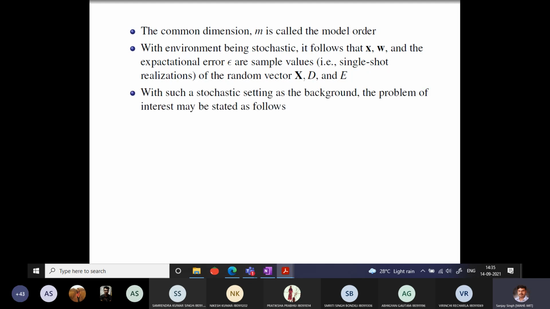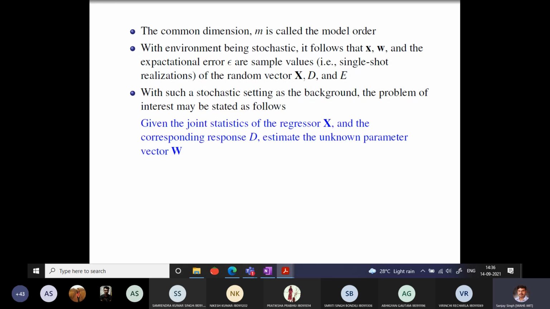Okay. With such a stochastic setting as a background, the problem of interest may be stated as follows. So we have the entire background set up. Now, what is the question we want to ask?